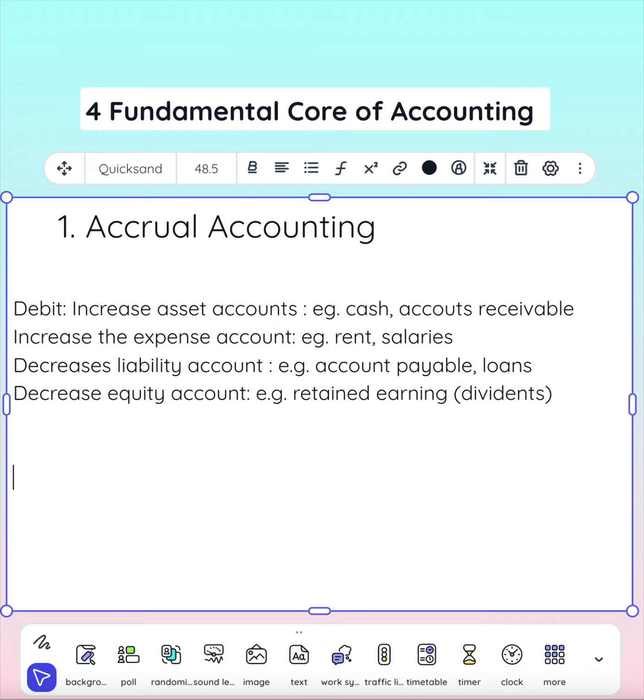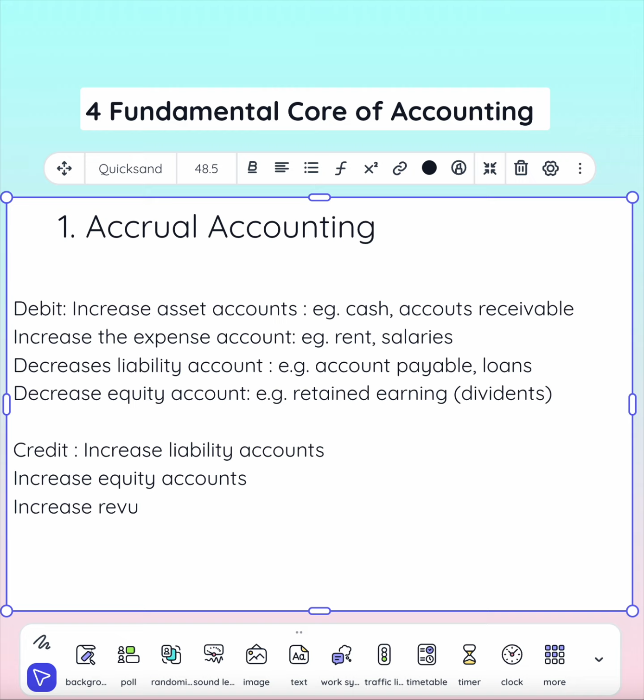So let's learn about credit. You have an increase in liability accounts, an increase in equity accounts, and an increase in revenue accounts, for example sales.